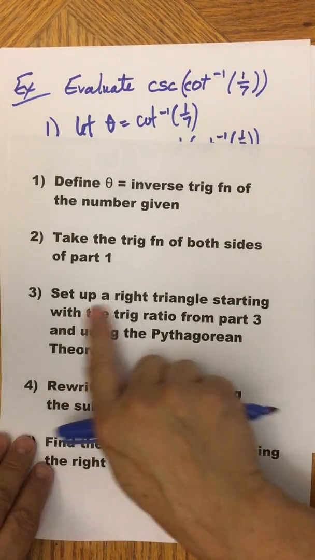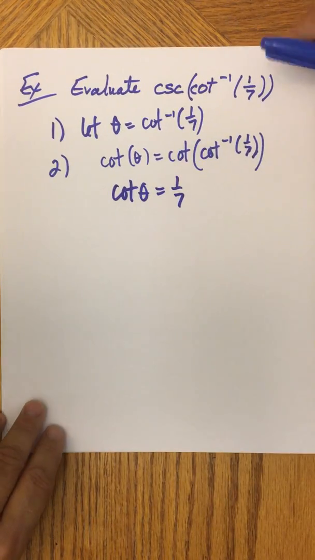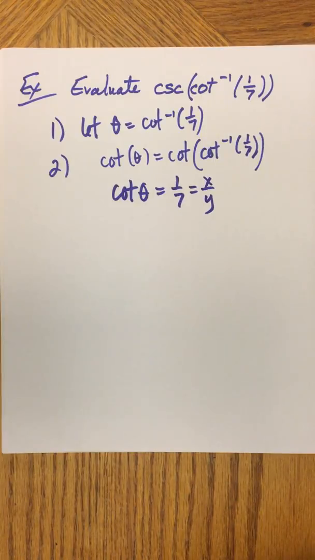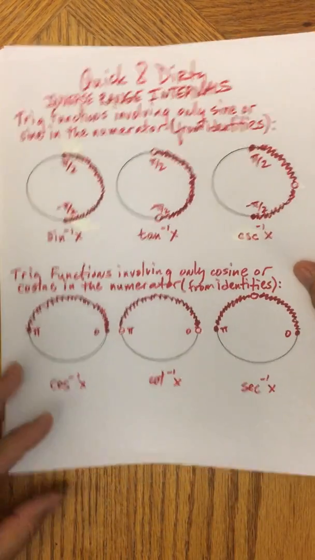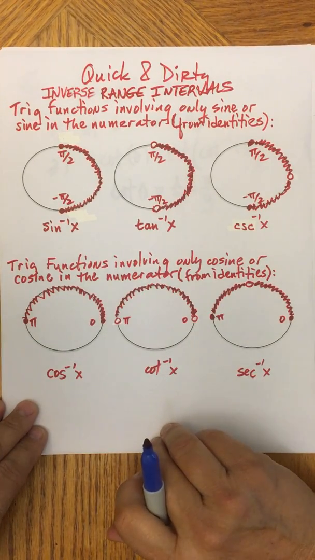Right? So now this allows me to set up a right triangle. Since I know cotangent is defined as x over y, I'm going to set up a right triangle. Now, because I'm dealing with these inverse trig functions, I still have to be careful about these range intervals.